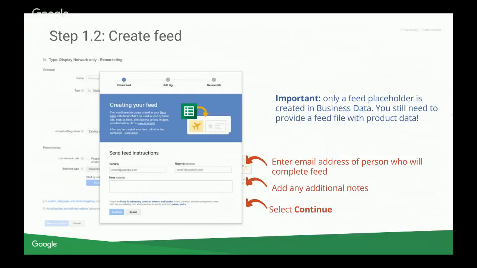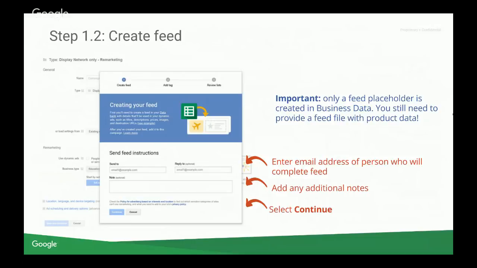And of course, you have these options to do so. You can send, let's say, instructions immediately to your web developer or programmer to set up your feed, alongside with your help, of course. It's important to say that this feed that the system is automatically creating for you is pretty much a feed placeholder, which is created in your business data.